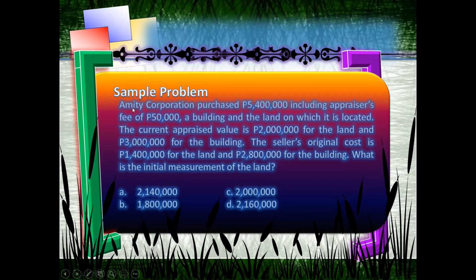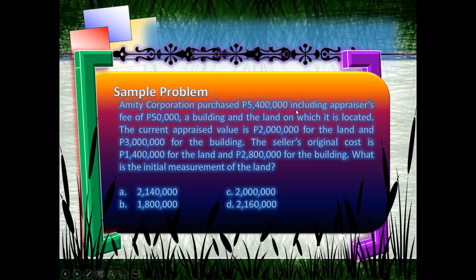Now, magtatanong tayo, yung 50,000 ba na appraiser's fee ay tama lang na isama natin dito sa 5.4 million? So, yun bang 50,000 is considered as capitalizable? So, can we consider this as directly attributable cost? So, the answer is yes.